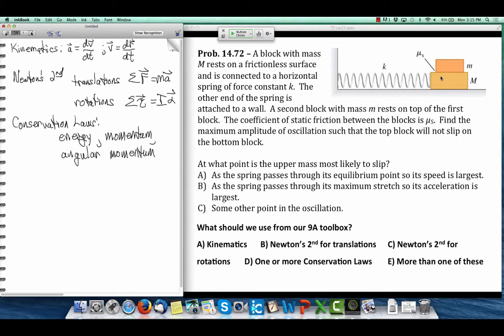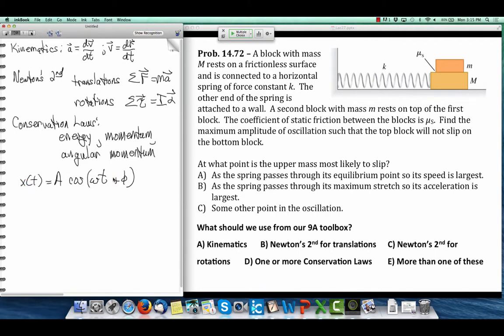I would say that oscillations are included in kinematics. Kinematics has, let's just call that X, and I'm going to put +5 just for kicks.